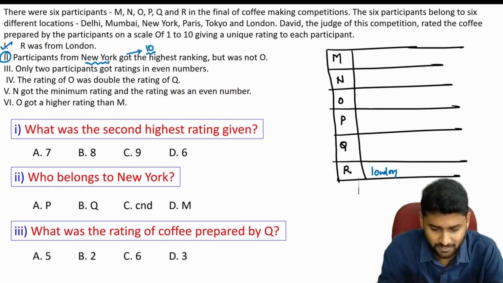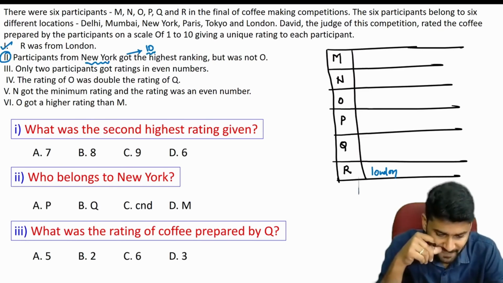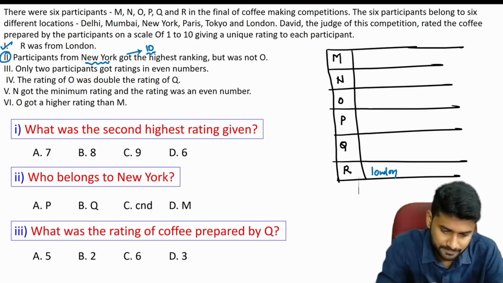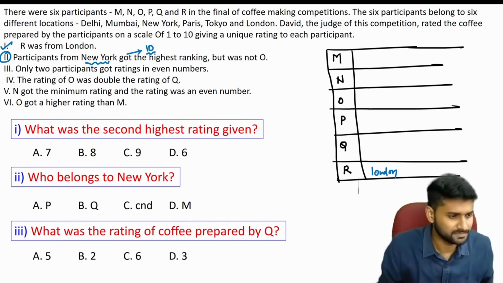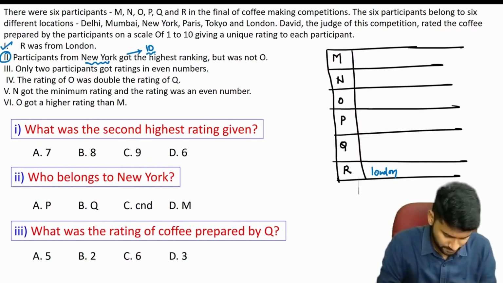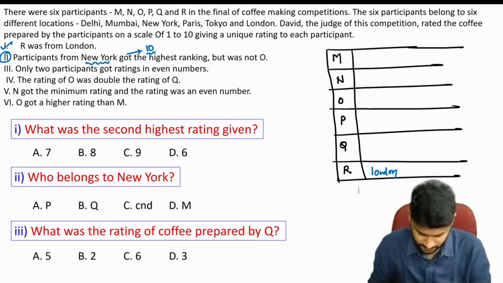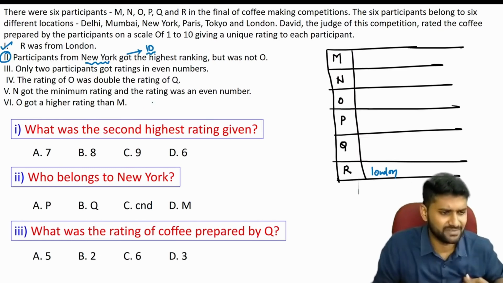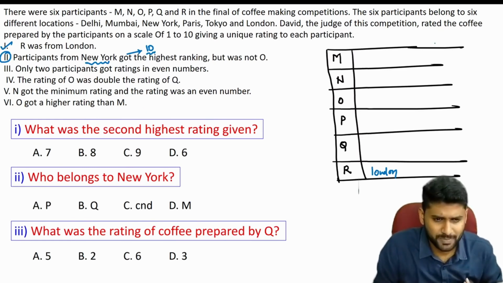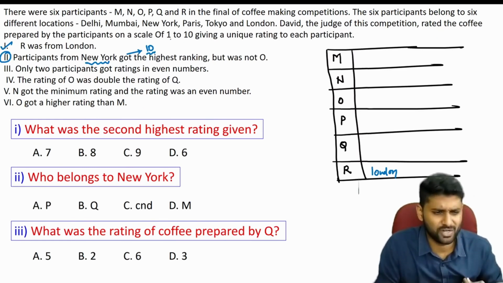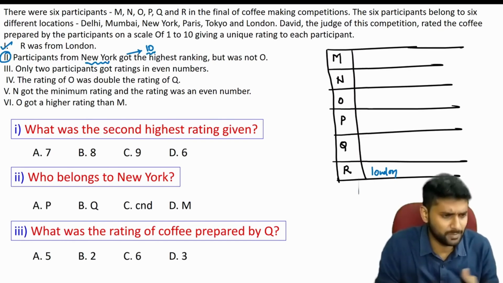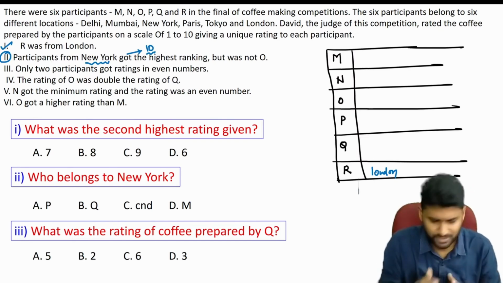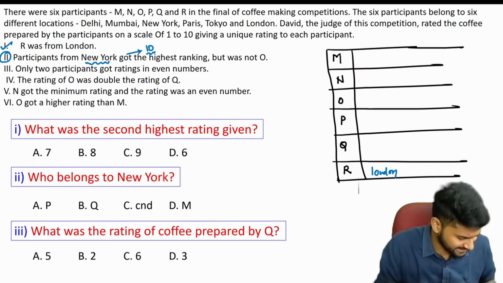They clearly mention that it's not O. Highest rating, still we are not sure, because the participants were rated on a scale of 1 to 10. So there is still a possibility it's a 10, but we are not sure. Go through the data carefully, then you will get the exact rating points.